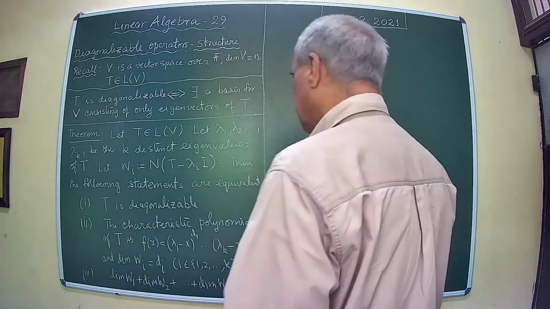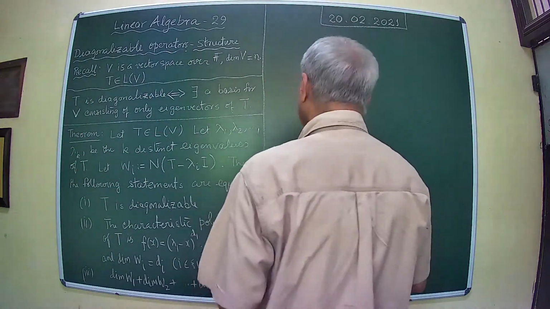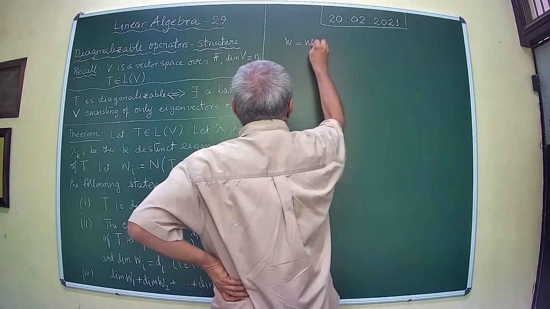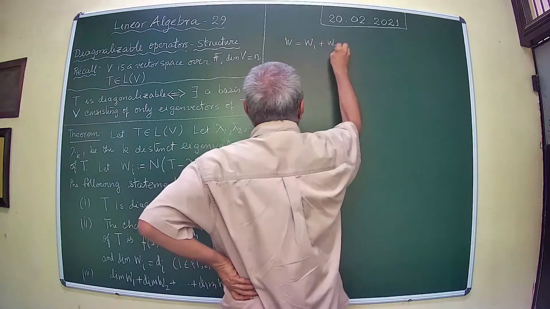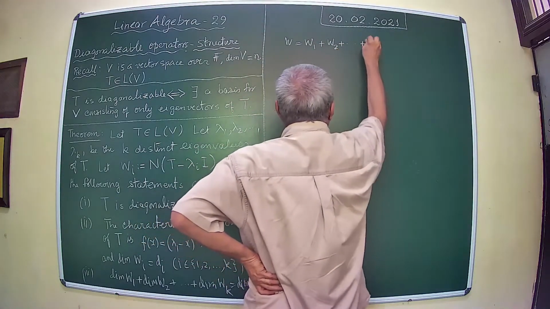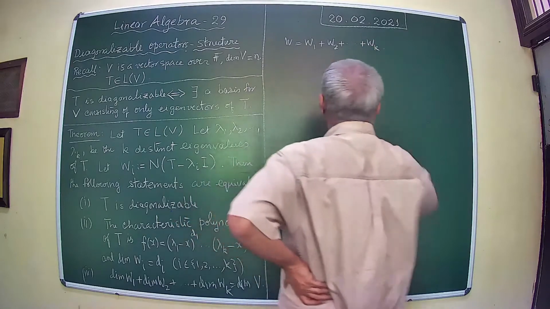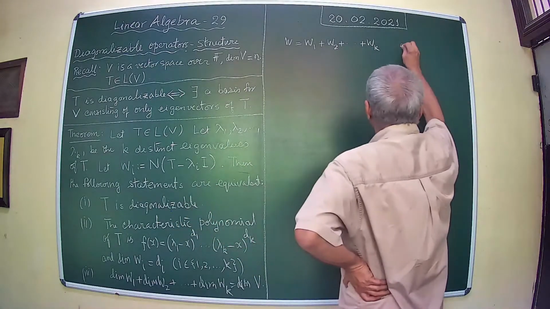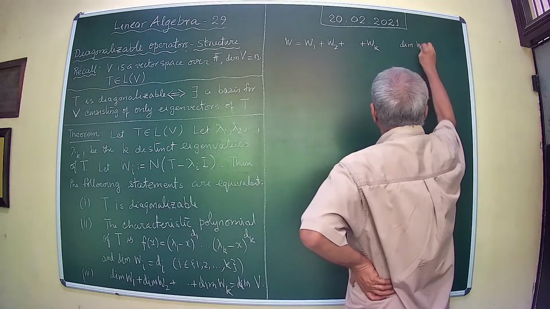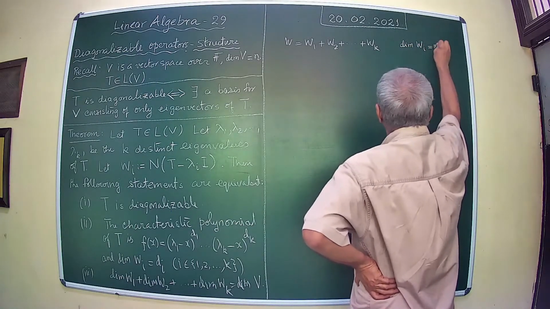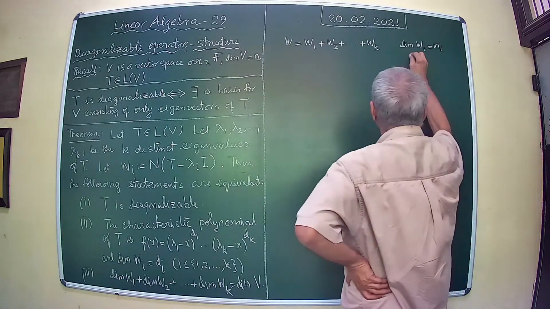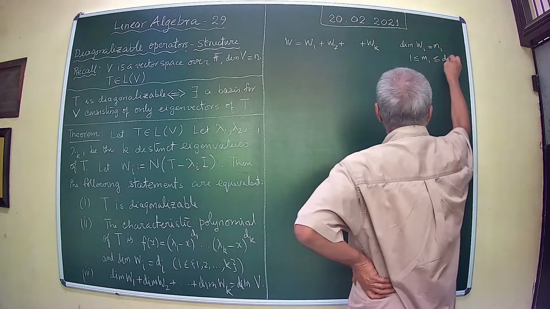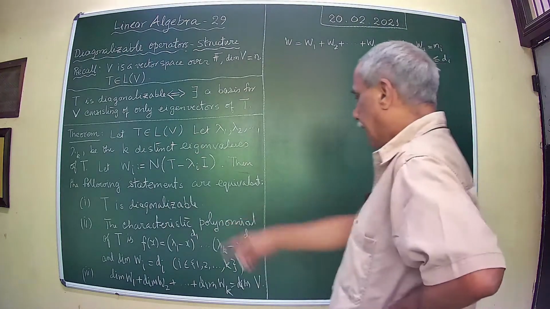What we have proved is the following: the number of distinct eigenvalues is k, and dimension of Wi equals some mi, where 1 is less than or equal to mi less than or equal to di.